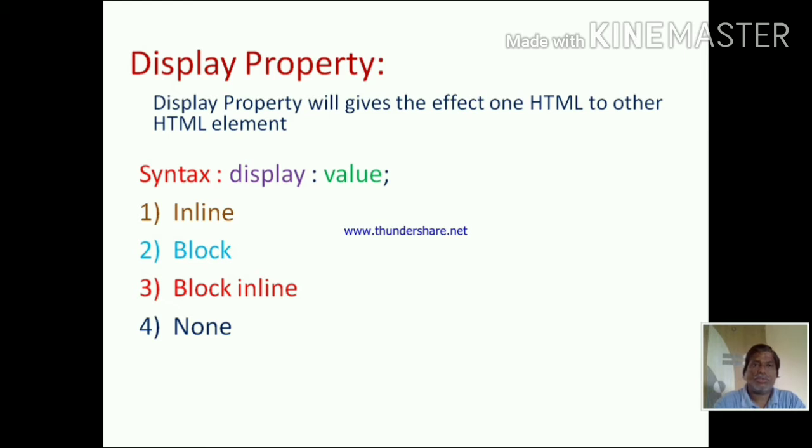Okay. Now see the syntax of the display property. It will include display and a value. Display is the property and the value will have four types: inline, block, inline-block and none.